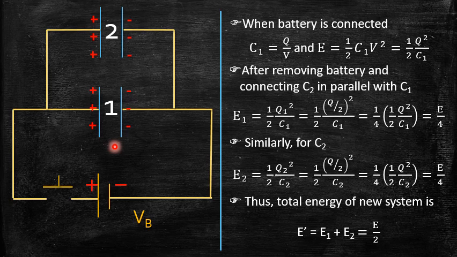E by 2 is the new amount of energy required to deposit Q amount of charge on this combination. If you want to accommodate Q charge on the first capacitor alone, you will have to do more work. Okay, because there is a single capacitor, and if you have to deposit the same amount of charge in the combination where you have more space, more room, then obviously you will have to do less work. How much less work? Half of the previous value.